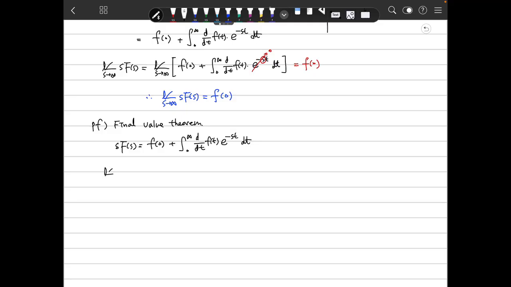Now let s go to 0. sF(s) with s equal to 0 is f(0) plus the integral to infinity of d/dt f(t), and s equal to 0 means the exponential is 1, so dt.